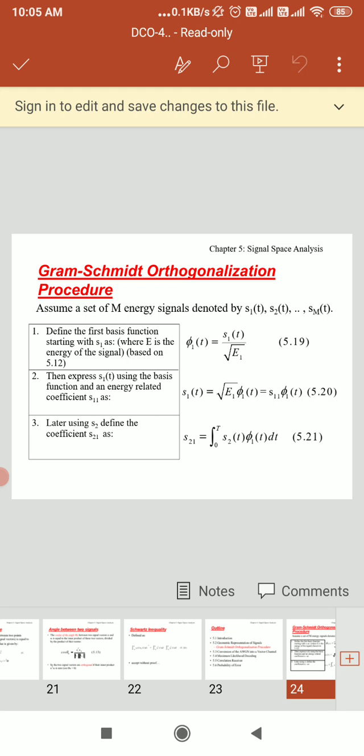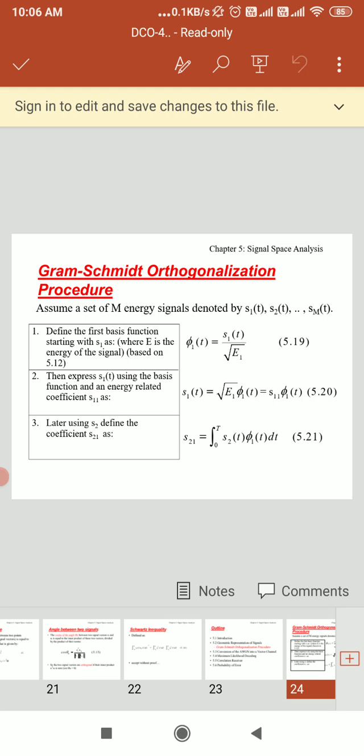After that we are supposed to express our first signal S1(t) using the basis function and an energy-related coefficient S11. So you will get S1(t) equal to square root of E1 into phi 1(t), but here we are expressing S1(t) as a basis function and the energy-related coefficient S11.